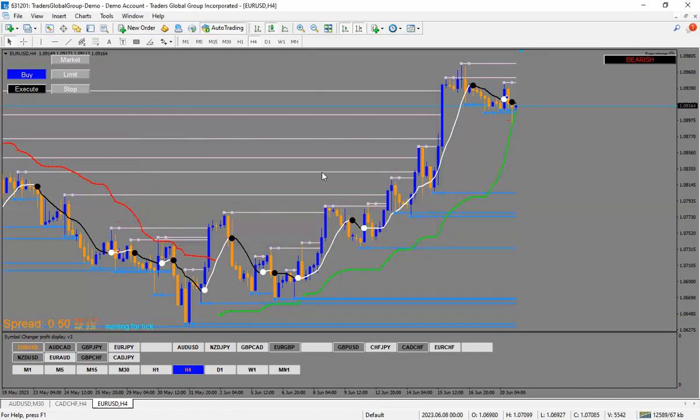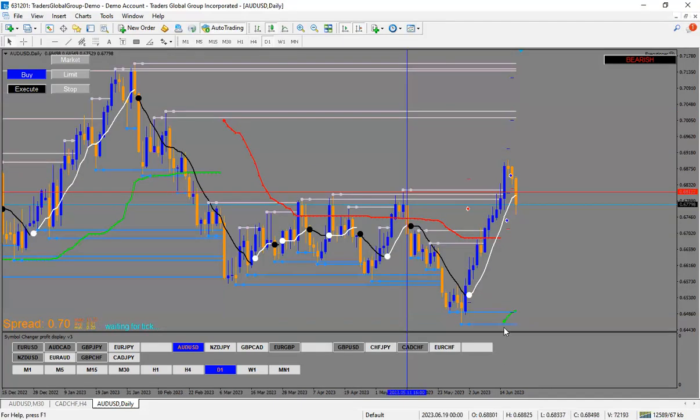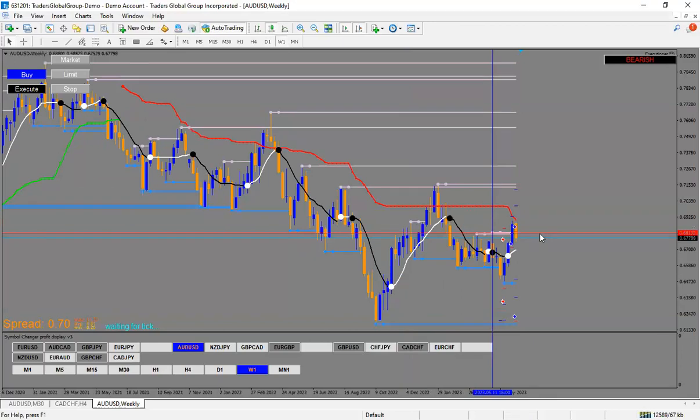Sometimes we have conflicting bias on different time frames. Let me use AU for example. On the 4 hours we are selling, daily you just start buying, and weekly we are still in the sell.